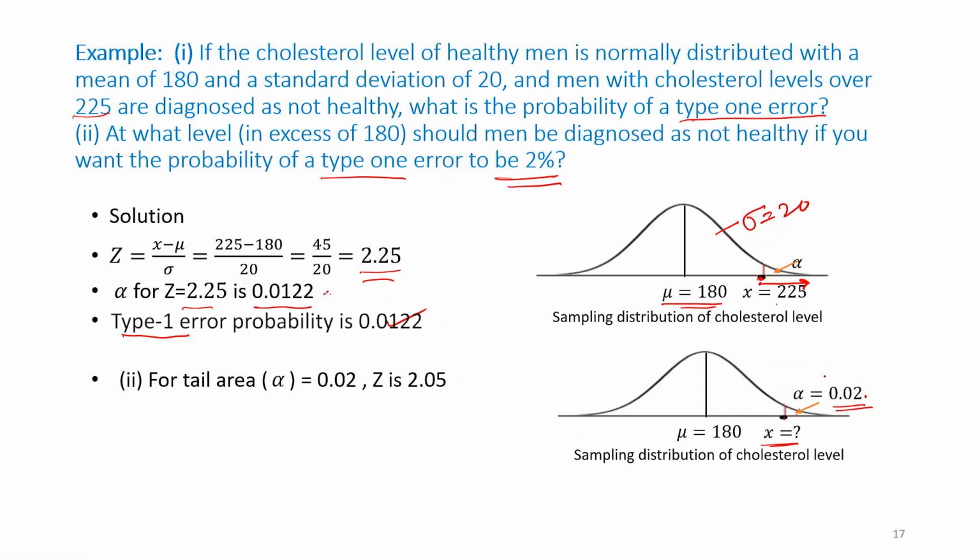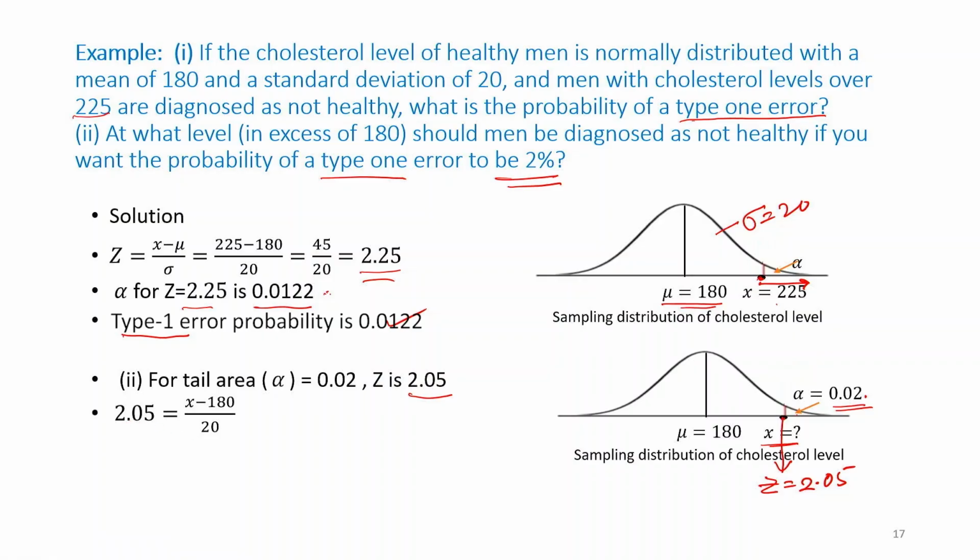So corresponding to this value of tail area 0.02, what is the corresponding value of Z? From the table we need to know, and that value is shown here, 2.05. That is the value we get. So if this is the value of Z, I use the same equation and substitute the values. X is unknown to me.